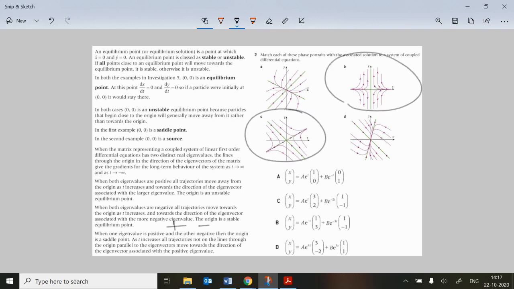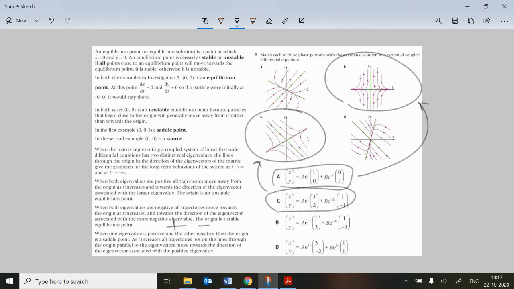Now, those two are going to be this A and this B. Again, it's quite easy to see which is which. So those were two negatives. Sorry, so it was C, wasn't it? C associates with this, and A associates with B.